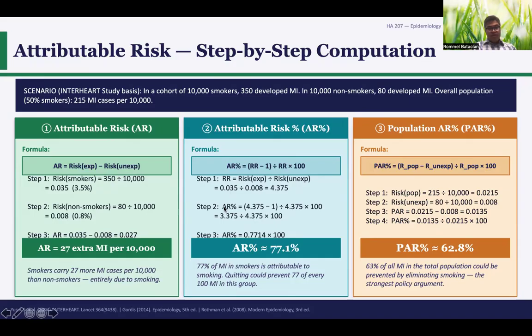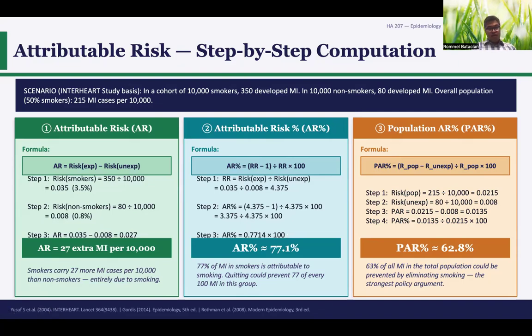And then the formula is the RR minus 1 divided by RR times 100. So here, based on this formula, the answer is 77.1% because you multiplied it also by 100.